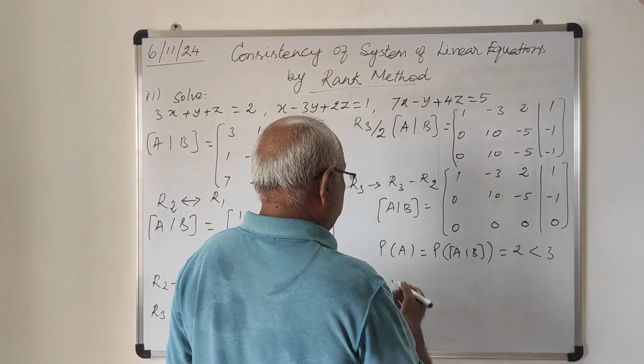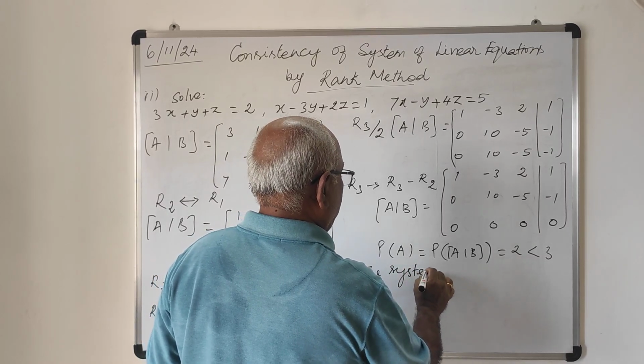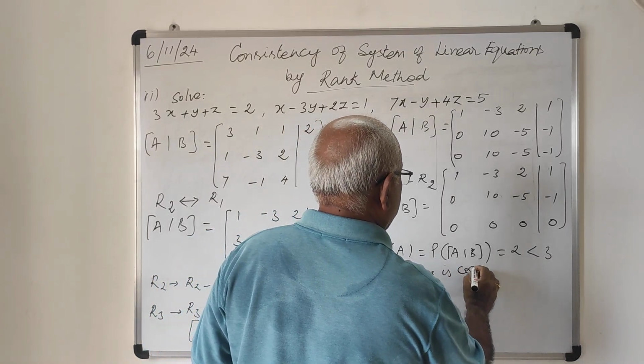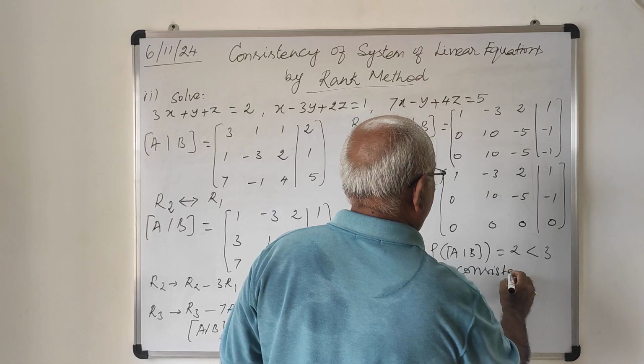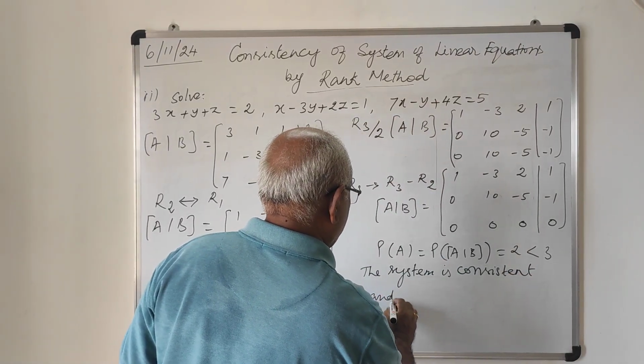If it is 2, the system is consistent and has infinitely many solutions.